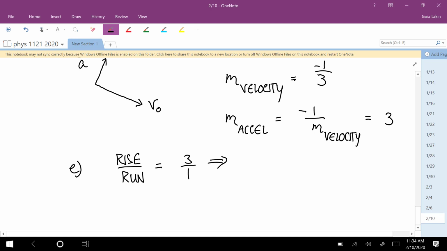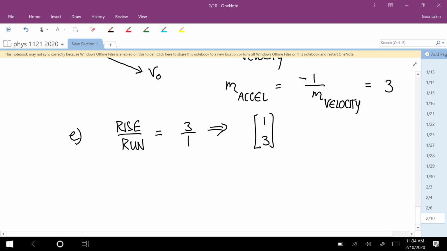So this vector could be like 1, 3. This is still D. And then, so this is all at an instant.